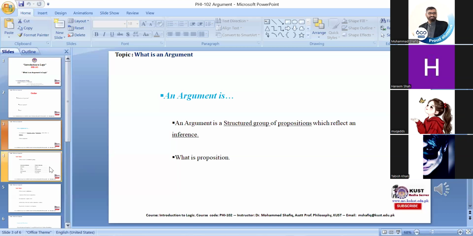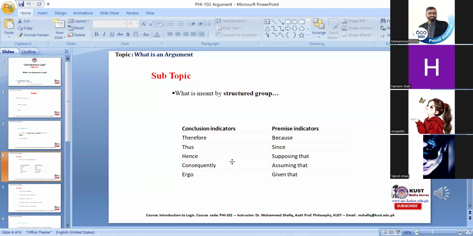Now, before going to the inference, I would like to highlight some key terms, the indicators which could show which proposition is a premise and which one is a conclusion. These are the key indicators, but not limited to these.